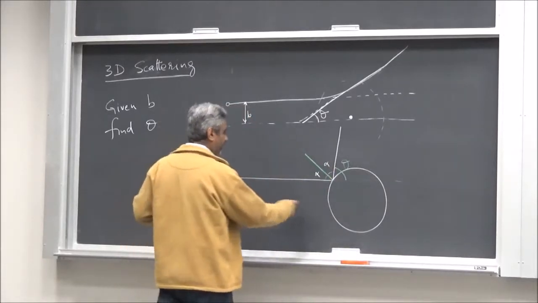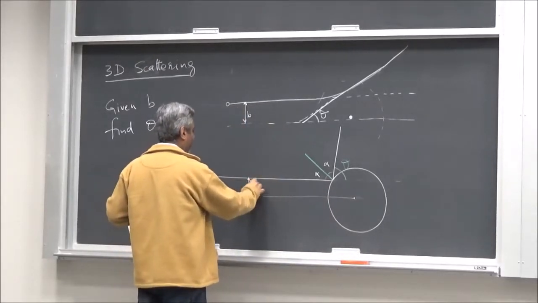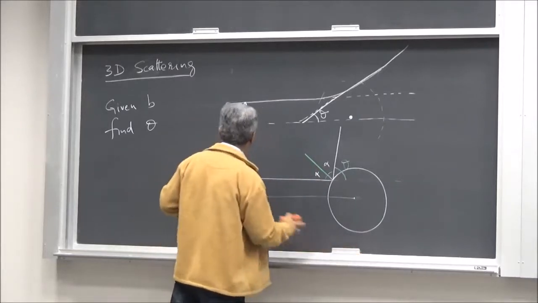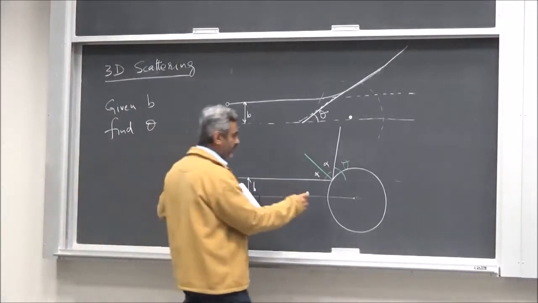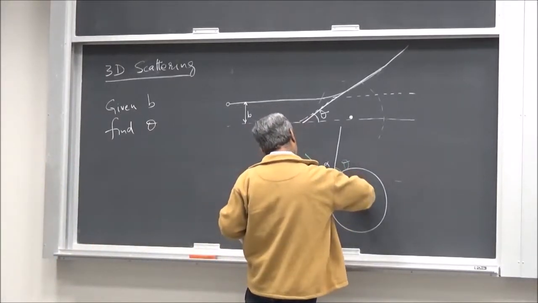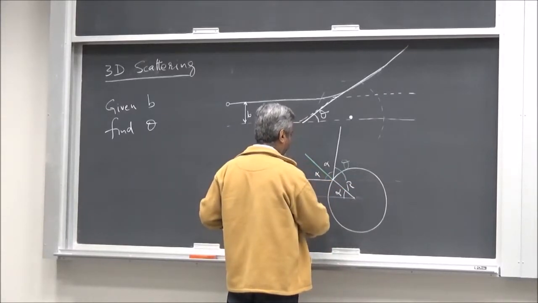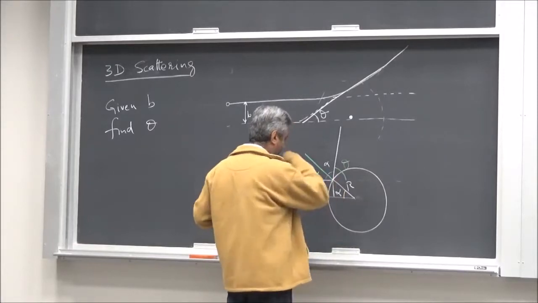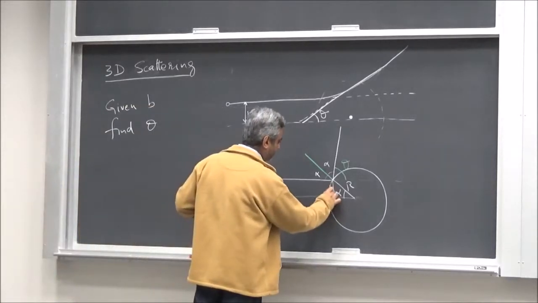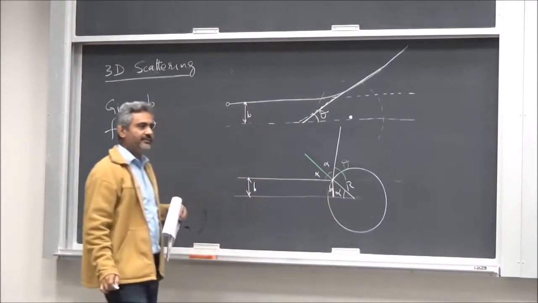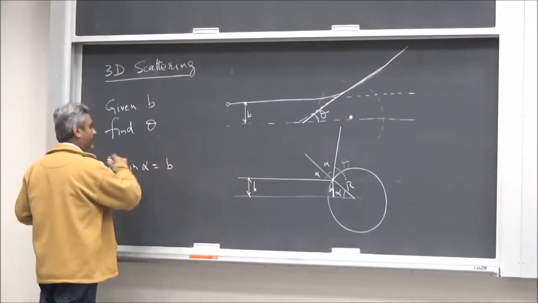Our job, given b, is to find theta. It shouldn't be difficult. You can see that this is R. If this angle is alpha, then this is alpha. So this is b. So R sine alpha is equal to b.